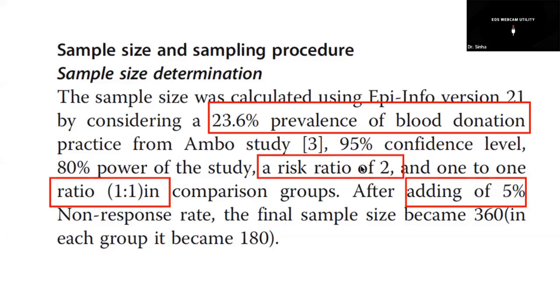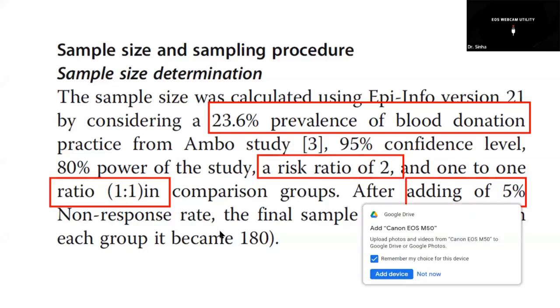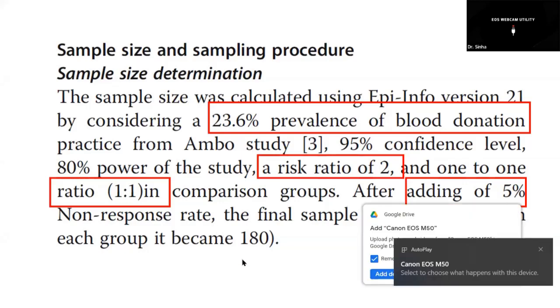Ideally, it should have been odds ratio, because it is a cross-sectional study and you cannot have a risk ratio in a cross-sectional study. And then a 1-to-1 ratio is there in this comparison group, meaning the non-health and health, they will take an equal number of students in both categories. And then they have added a 5% non-response. That means they have taken a response rate of 95%.